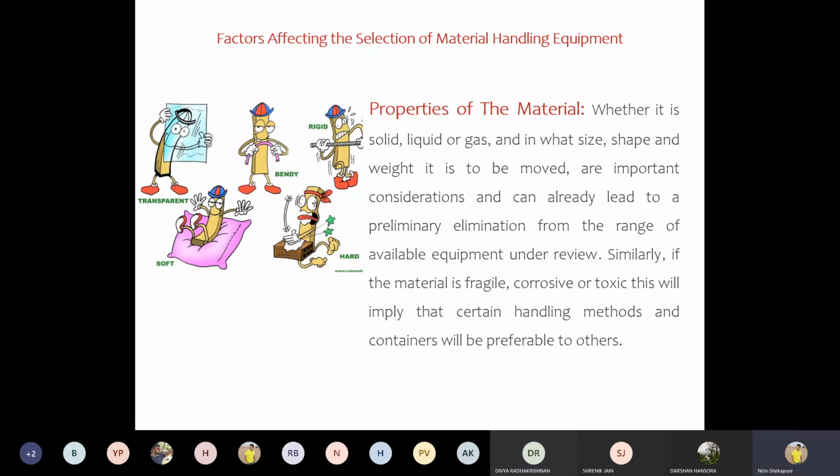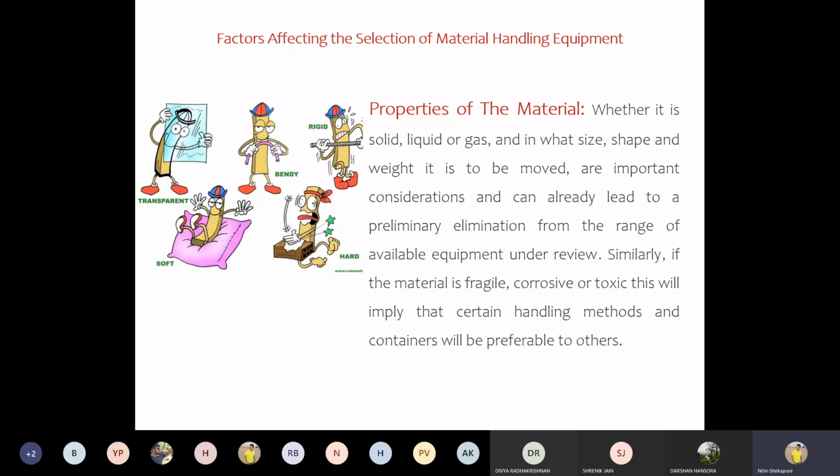Factors affecting the selection of material handling equipment, because before we handle any material, we need to take some factors into consideration. Believe it or not, our human mind or our body is designed for that.